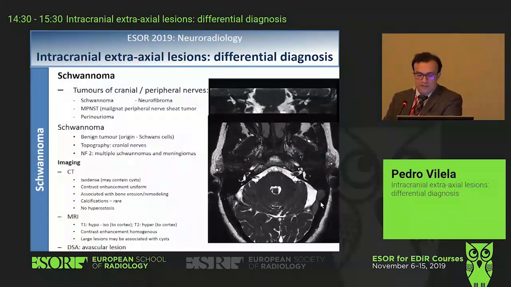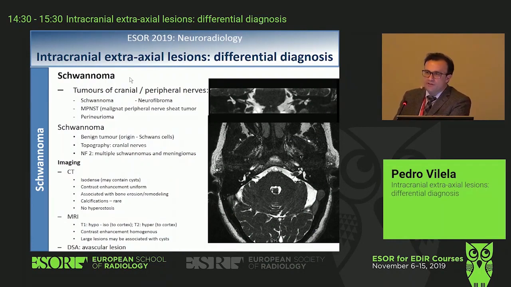lesion calcifications. The other important extra-axial tumor will be schwannoma. And for your differential diagnosis, when you are looking at the skull base, if you put schwannoma, you should also put meningioma in differential diagnosis. They are slightly different. And the difference is schwannomas tend to be more hyperintense on T2.